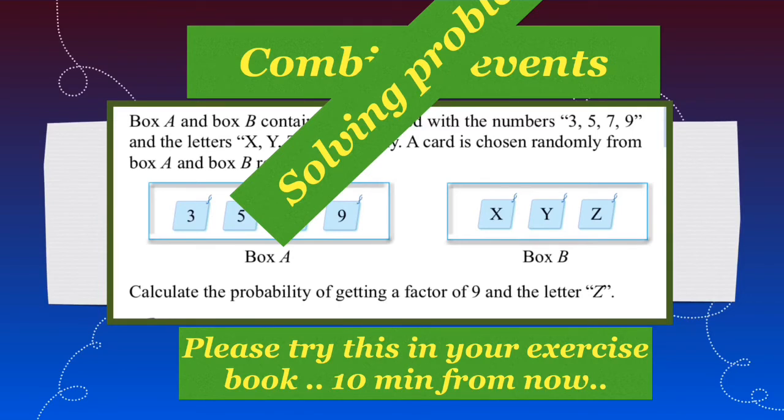So for box A you have 3, 5, 7, 9, and for box B you have X, Y, and Z. So calculate the probability of getting a factor of 9 and the letter Z. Okay, please try this in your exercise book, 10 minutes from now on. Good luck.